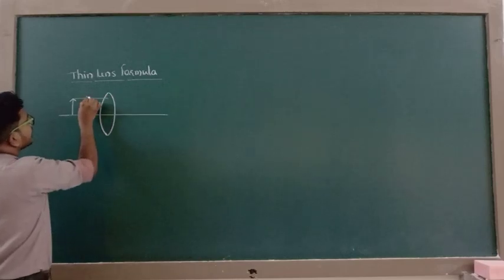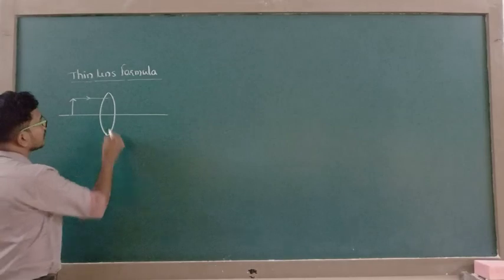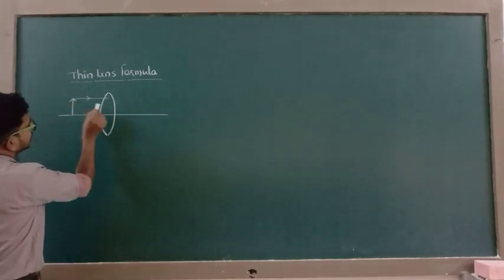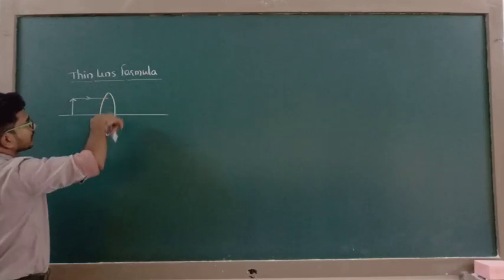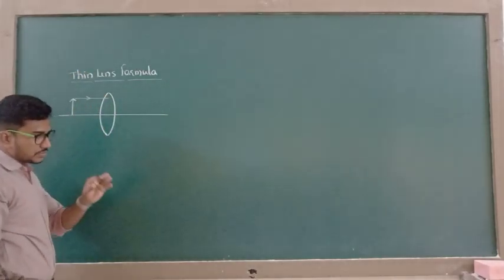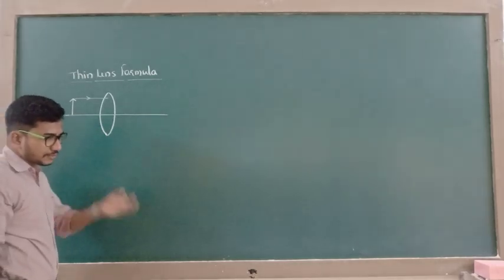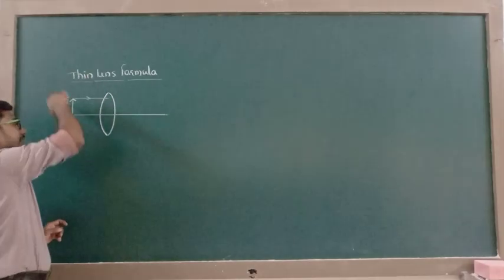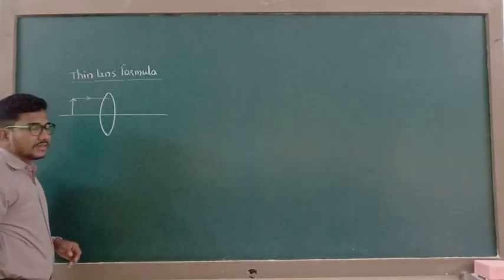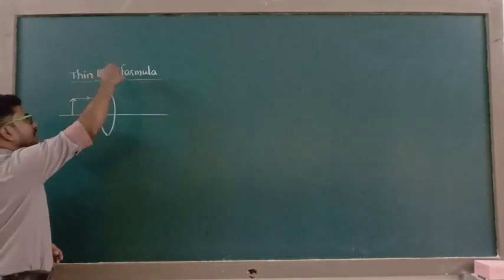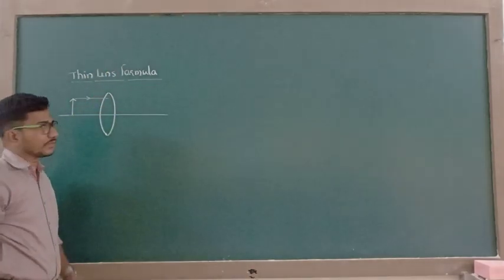Direction of incident light ray. So this point is the center of curvature. You just imagine this lens is a thin lens. Thin lens means whose thickness is negligibly small as compared with its radii of curvature, the radius of curvature of this spherical surface and of this spherical surface.